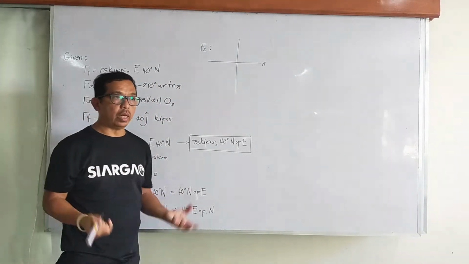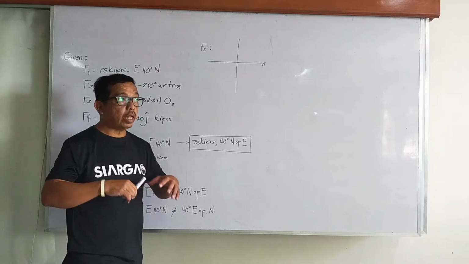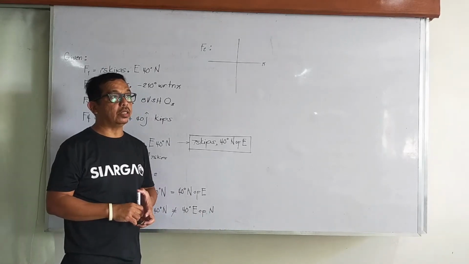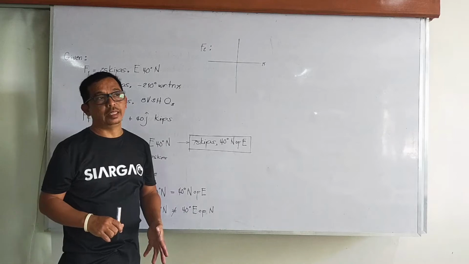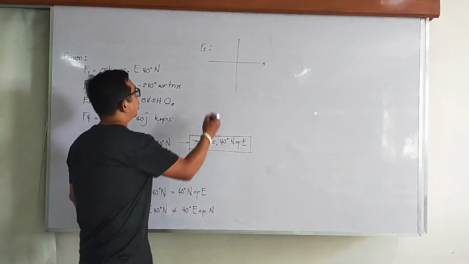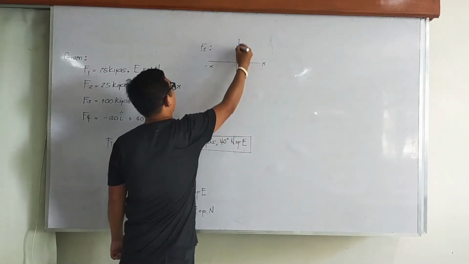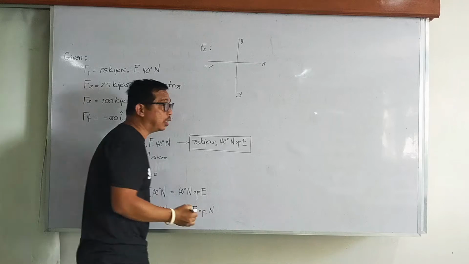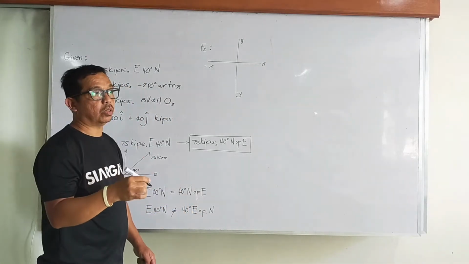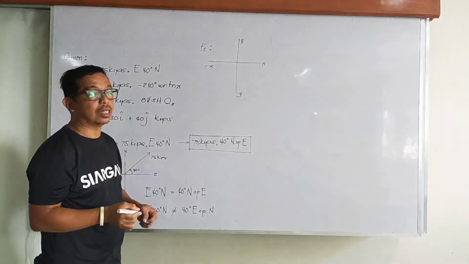Pero in reality, hindi naman talaga confined sa positive x lamang. We can make use of the other axis as a reference point. We can make use of the negative x-axis, the negative y, and the positive y-axis as a reference point. Kung saan tayo magsisimulang sumukat ng angle.